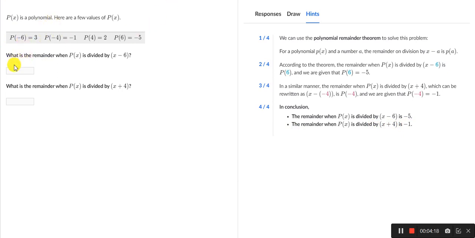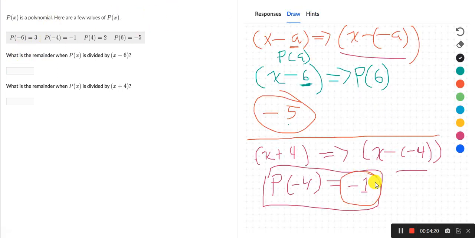See, that's what we got. Negative 5 and negative 1.